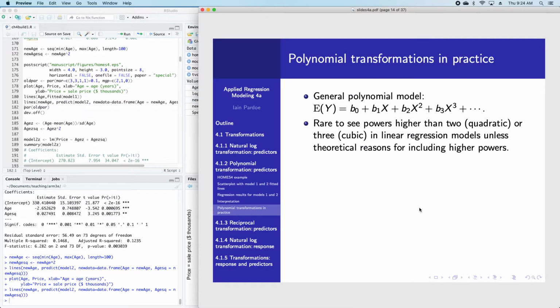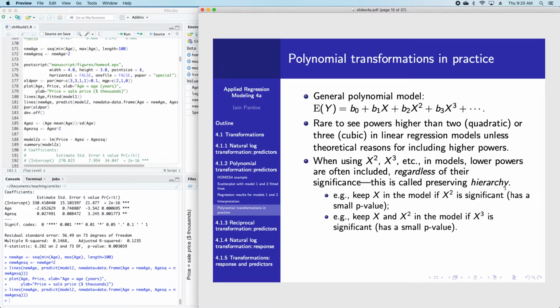So in general, polynomial transformations, as I say, you just keep adding higher and higher powers of x, but it's rare to go beyond 3. I don't think I've ever seen a model that uses a higher power than 3. And even 3 is pretty rare. Very common is quadratic models just going up to x squared.